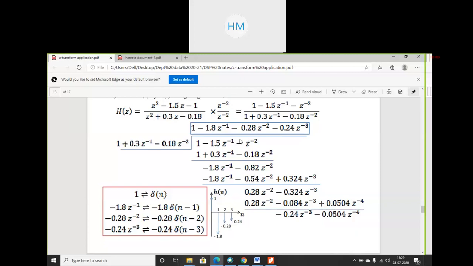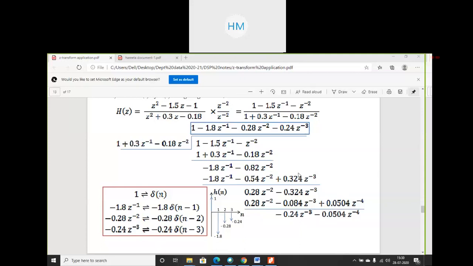Okay, and from h of z also it is possible to draw this graph. It is not that difficult. From h of z you can directly plot from the remainder and quotient of the division. Clear? Should I move ahead? Okay. So it's clear.